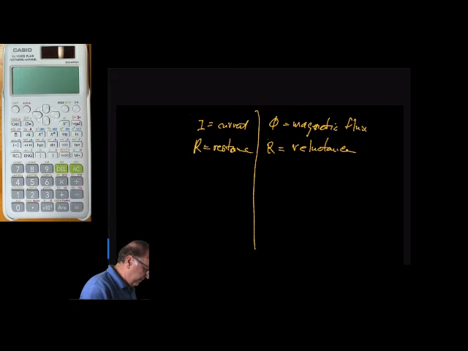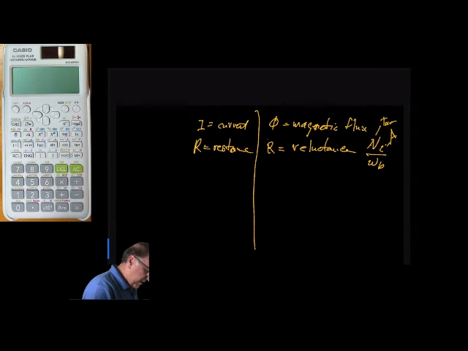And that is NI, which is the number of turns times the amps, over Weber. So this is turns, this is amps over Weber.